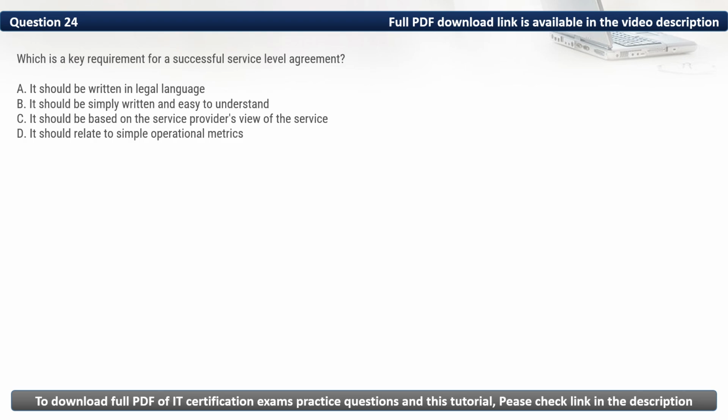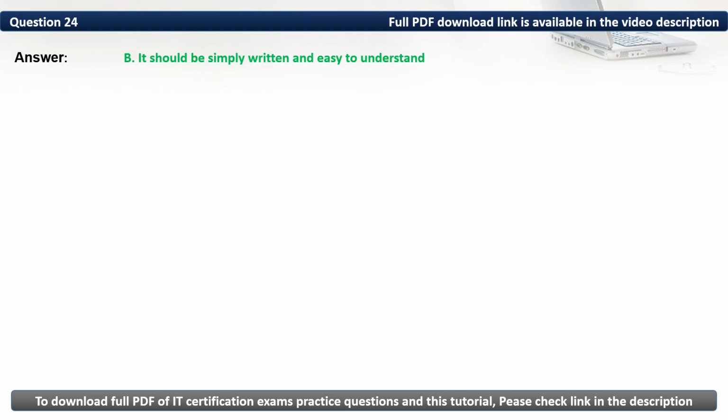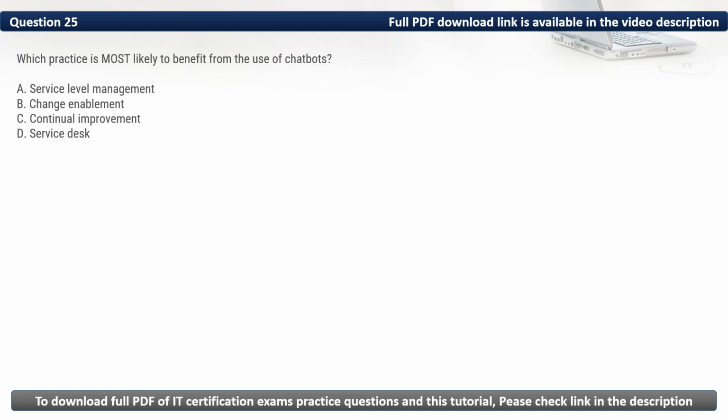Question 24. Which is a key requirement for a successful service level agreement? A key requirement for a successful service level agreement is that it should be simply written and easy to understand. Thus, the correct option is B. Question 25.